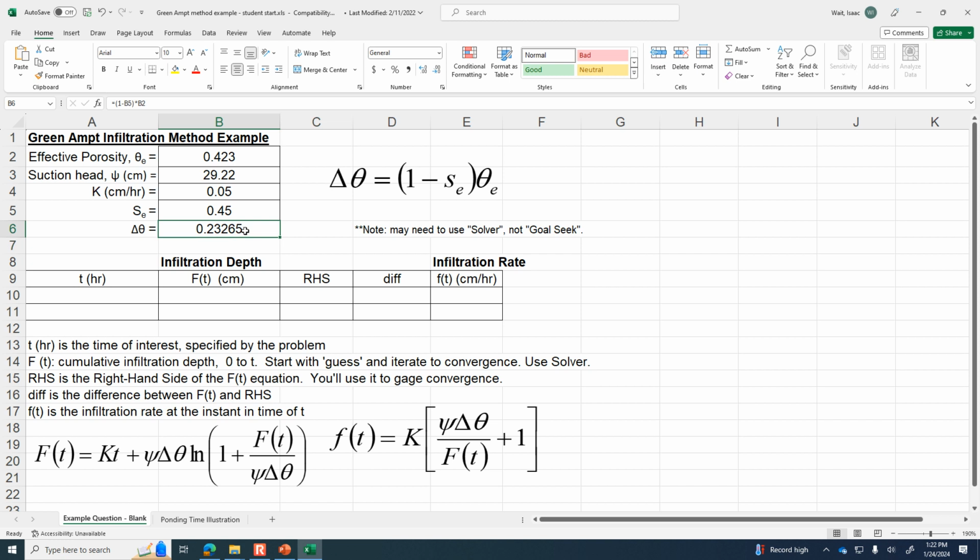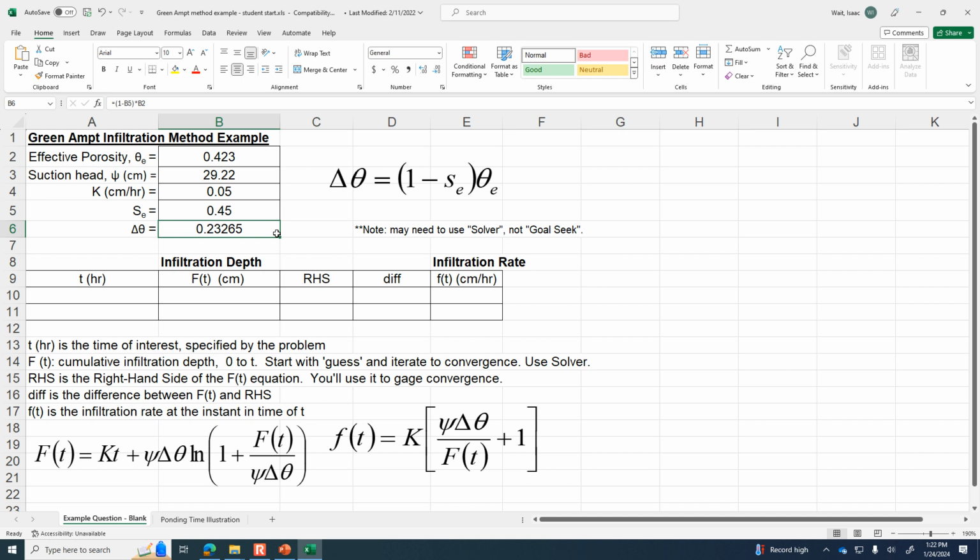So that means, if you have 1 square centimeter of soil, soil is a mixture of 3 things: the grains, the solid material; the voids, the empty space between the grains; and some water coating the soil grains.